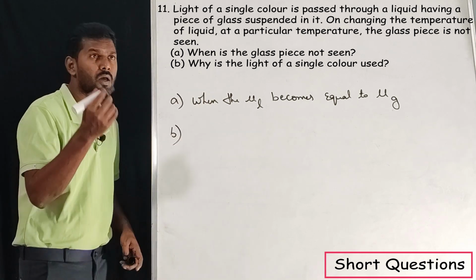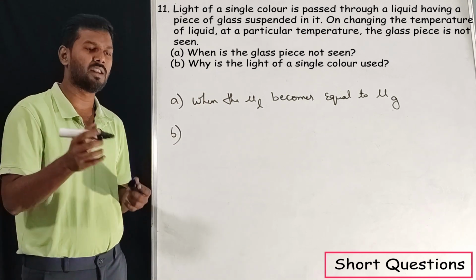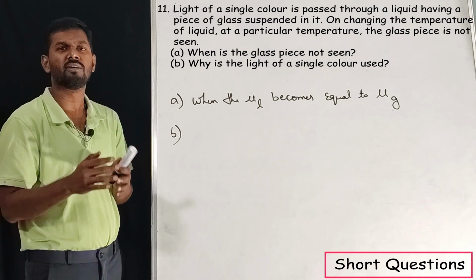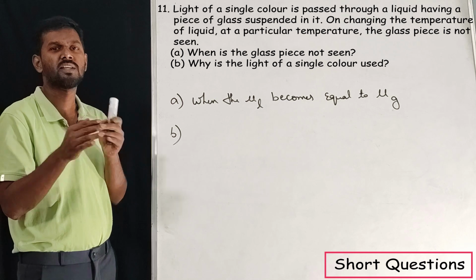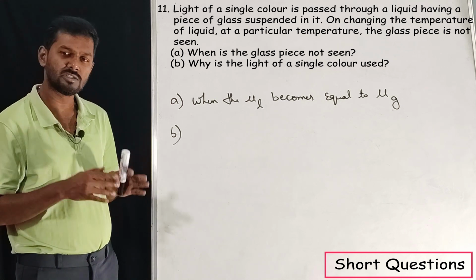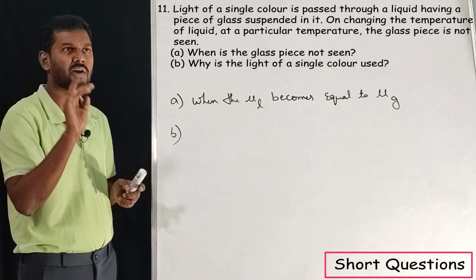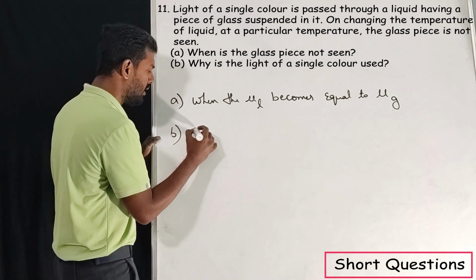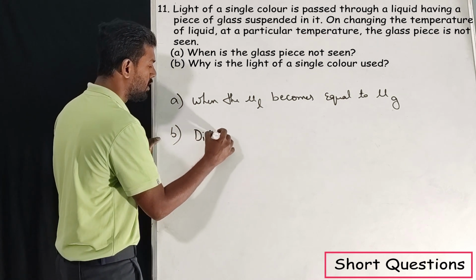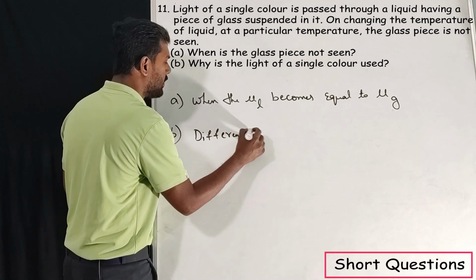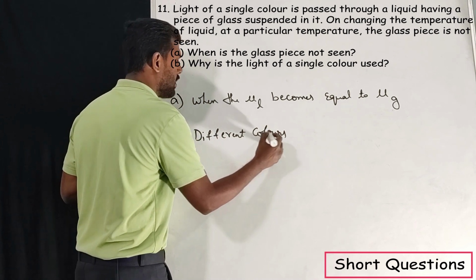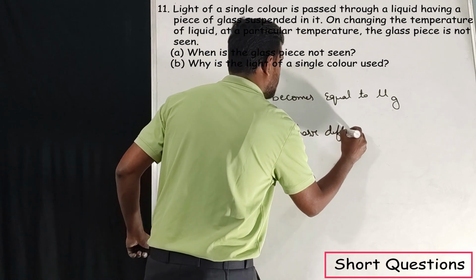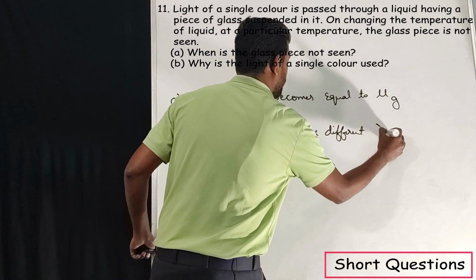Then why is the light of single color used? Very simple question. We know for different colors we have different wavelengths. If the wavelength is different, refractive index is also different for different colors. That's why. What is the reason for this question? Because different colors have different wavelengths.